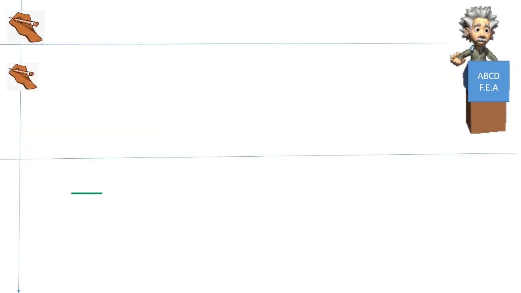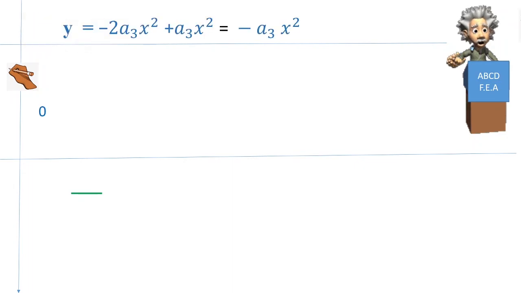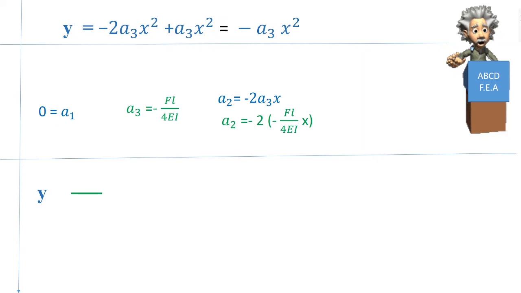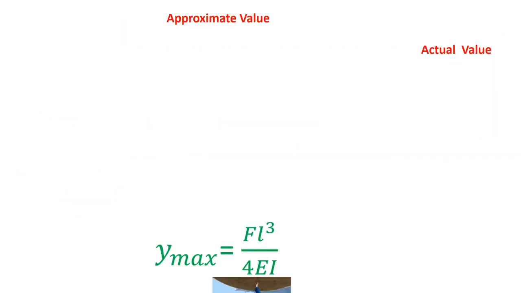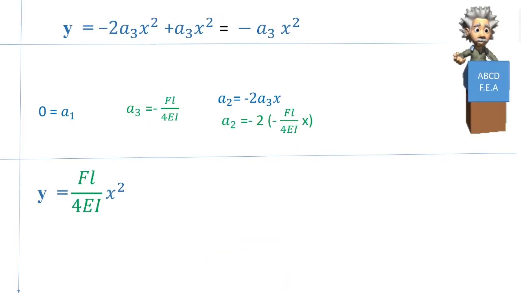Now we will put the value of A3 in the equation, y is equal to minus A3x square. So we got the relation of both A2 and A3. Now if we substitute the value, we get our final deflection, FLx square by 4EI.